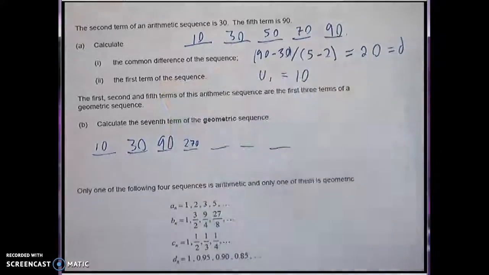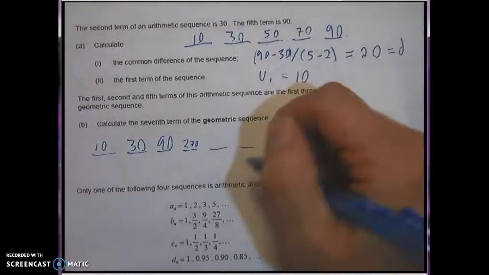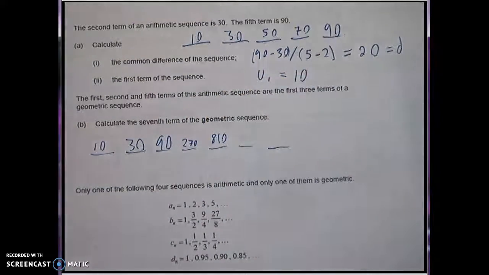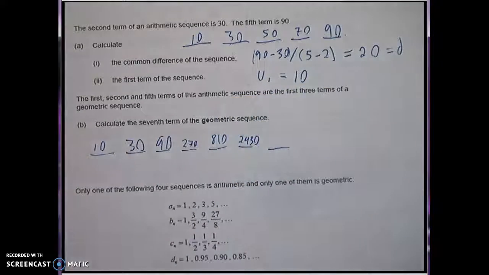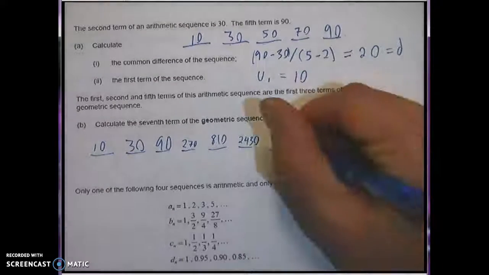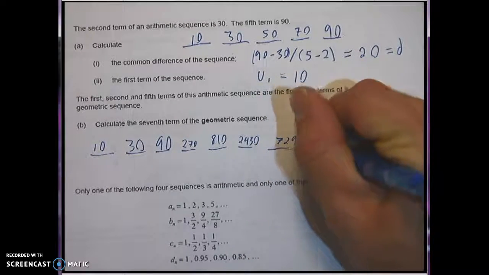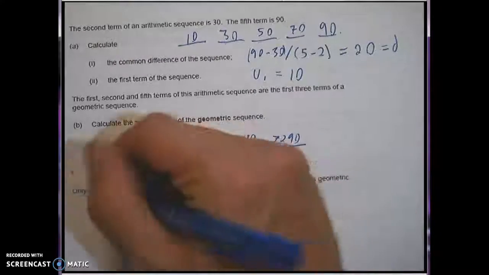Times 3 is 810, times 3 is 2,430, times 3 is 7,290. Another way to do it is to use the formula.